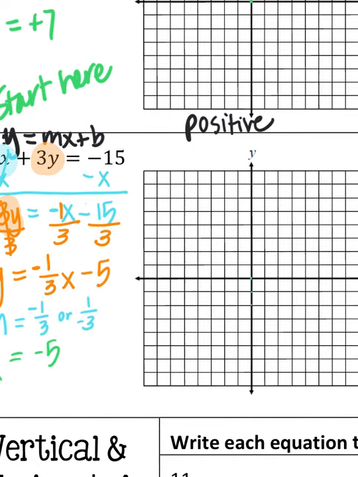Starting here, 1, 2, 3, 4, 5, right there. And now let's do our slope, which is negative 1, down 1, over 3. 1, 2, 3. Down 1, over 3. Or we can go up 1, to the left 3. Up 1, to the left 3. And there's that one.